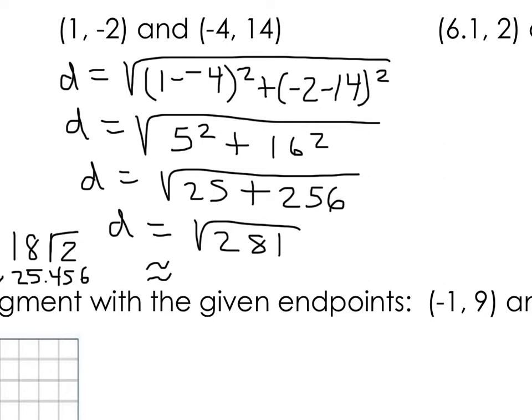And if we need a decimal approximation of that, take the square root, it's 16.763. Let's just always put 3 decimal places for our accuracy.